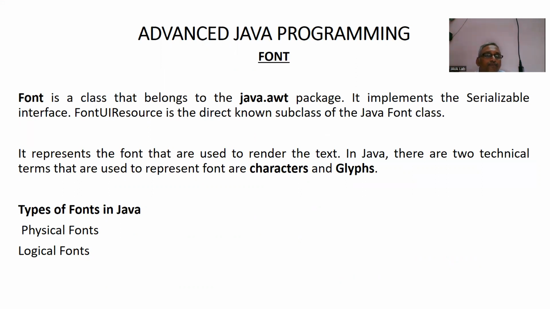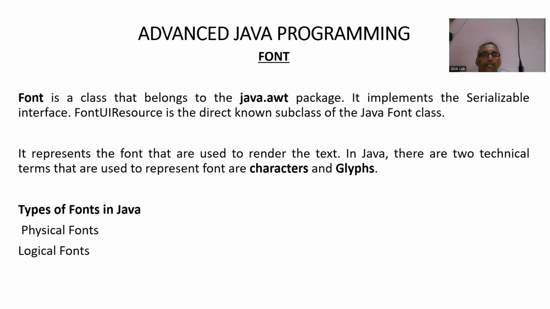Types of font class in Java. First one, physical fonts, and logical fonts. These are the types of font class. Next one, physical font class. What is a physical font class? The physical fonts are the actual Java font library.